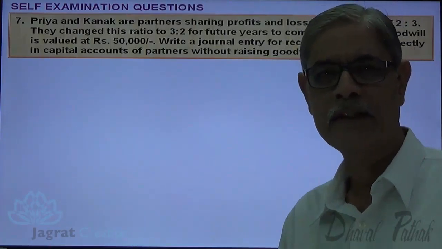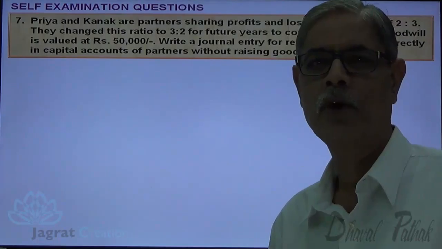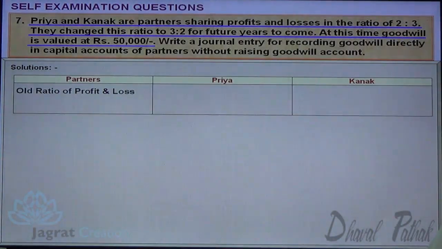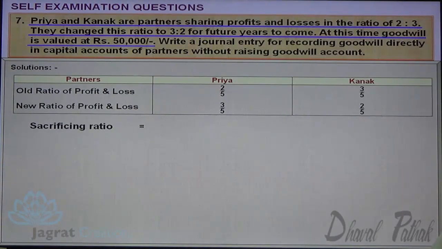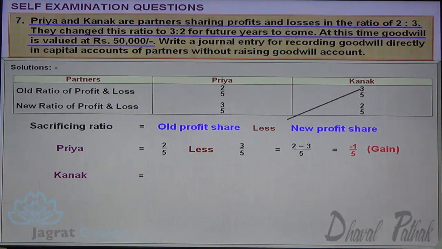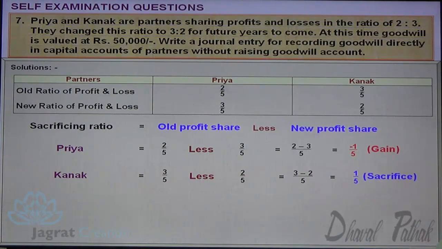But let me go for a detailed, elaborate explanation for your better understanding. The old ratio 2 by 5, 3 by 5. New ratio 3 by 5, 2 by 5. Sacrifice of Priya, old share minus new share: 2 by 5 minus 3 by 5, negative sacrifice means gain. For Kanak, 3 by 5 minus 2 by 5, positive sacrifice means sacrifice.